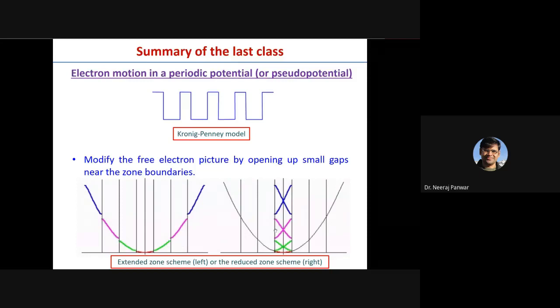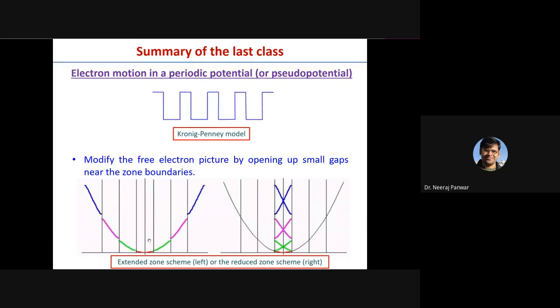So this picture shows the zone scheme that is known as the reduced zone scheme. Here this portion has been translated to the first Brillouin zone by a suitable vector, that is, 2 pi over a. For example, consider this point.